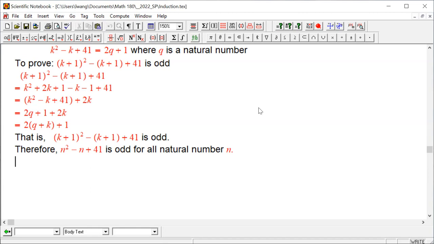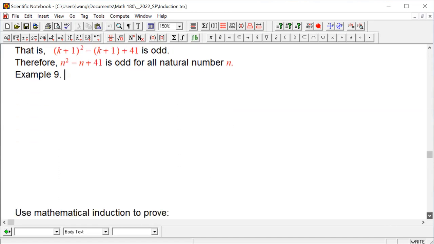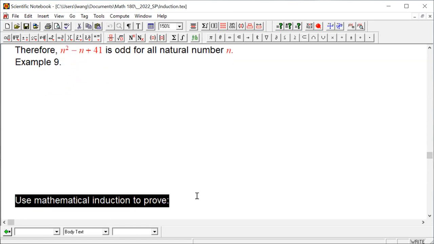Number 9 is about divisibility. I'm going to do it for you so that you have that example for your reference, but I would like you to try it yourself before you watch my answer.